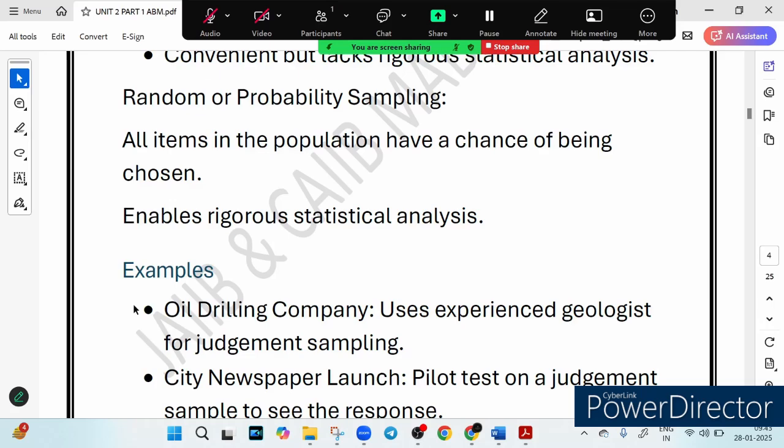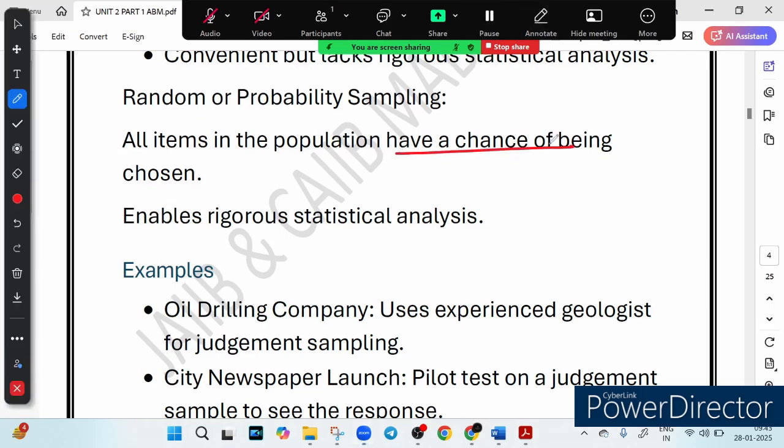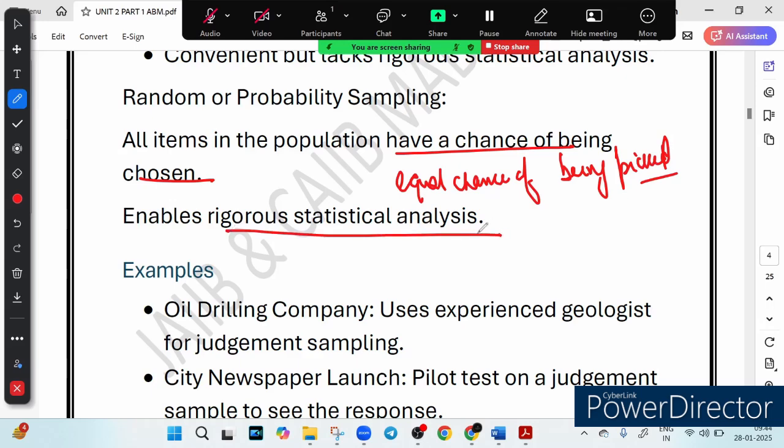Here is the keyword you must keep in mind: equal chance of being picked. Imagine drawing a name out of a hat. It is unbiased and it ensures fairness. This type of sampling enables rigorous and accurate statistical analysis, which is super handy for making reliable predictions.